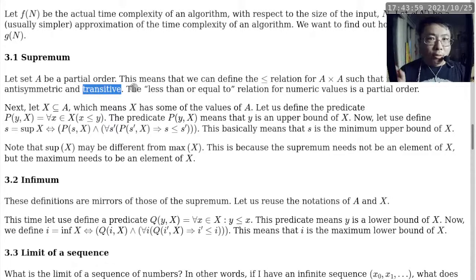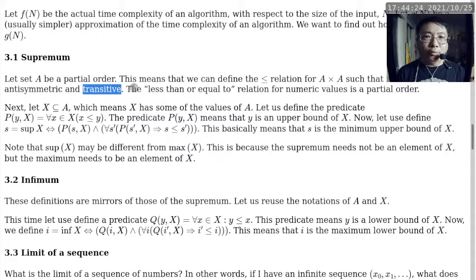To be totally ordered, we have to add one extra requirement: if I choose any two things out of A, we have to be able to find out which one relates to which one. It has to be one way or the other, cannot be neither. Are we kind of vaguely remembering that discussion when we talked about relations?